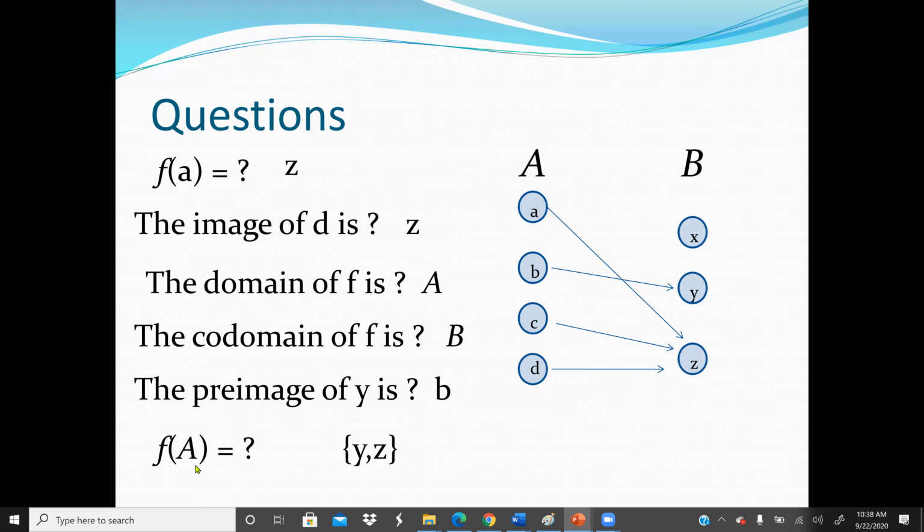Here, the reason why f(A) is a set is that all the elements in set A are a, b, c, d. So we can see that a points to z, b points to y, c points to z, d points to z. So the answer will be {y, z}.